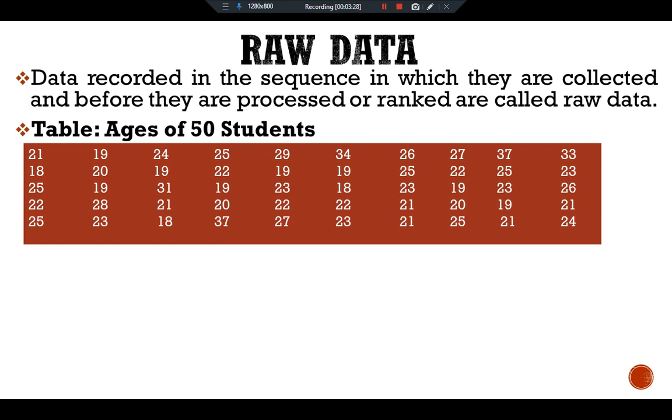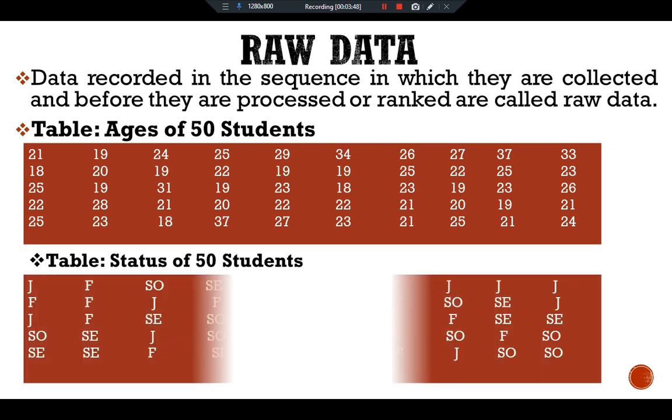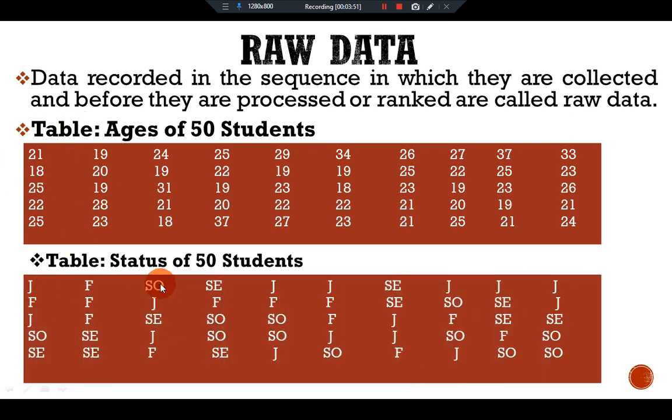Okay, let's see another example which is related to qualitative data. Suppose we have the same 50 students and we want to know about their status. We want to record their responses in order, so here we have F, J, F, SO, SE, JJ, like that.